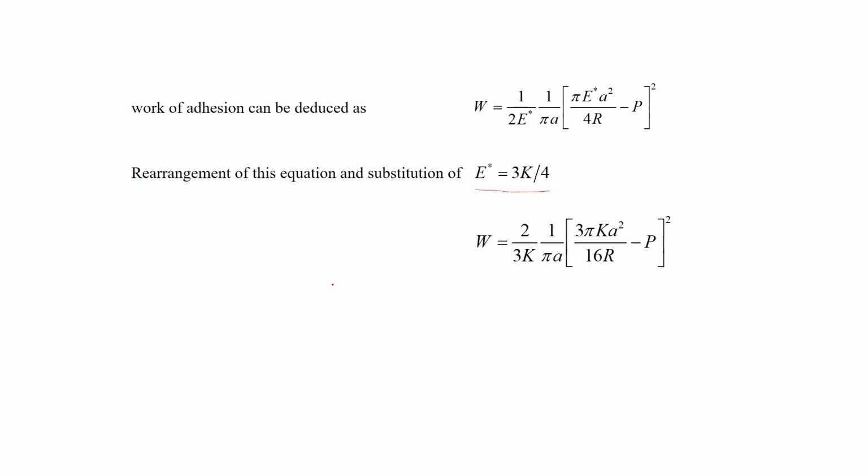We can write P equal to 3 pi K A square by 16 r, minus the square root of 3 K by 2 into W A into pi, and plus here, right, that is okay.